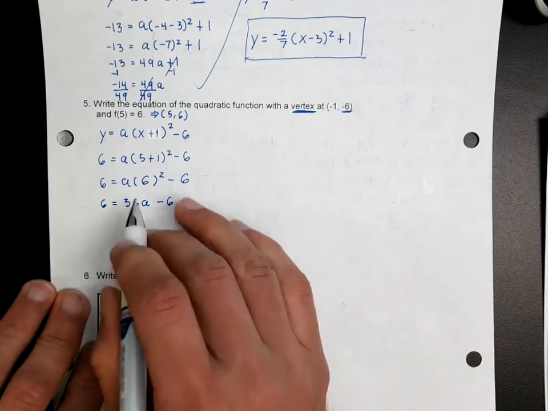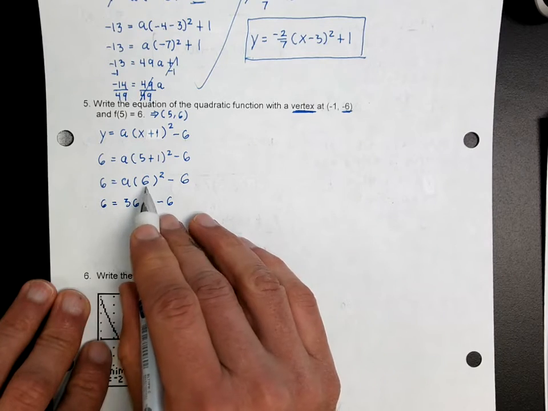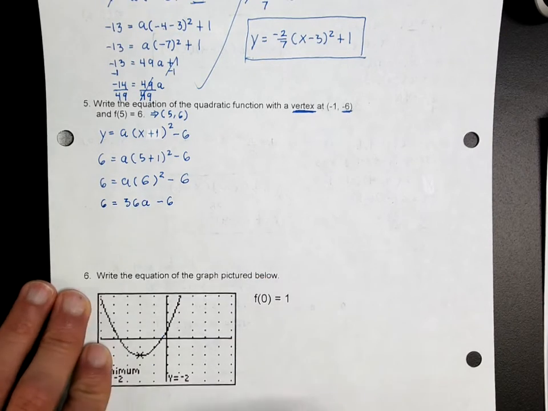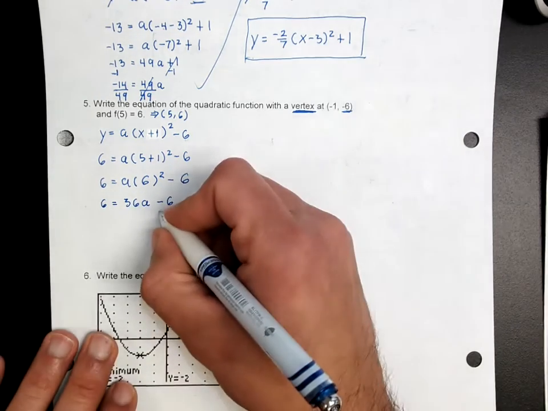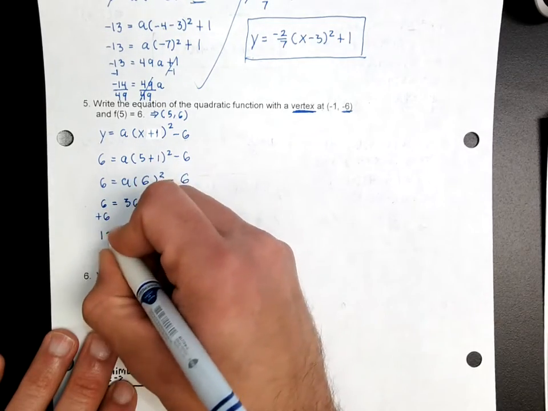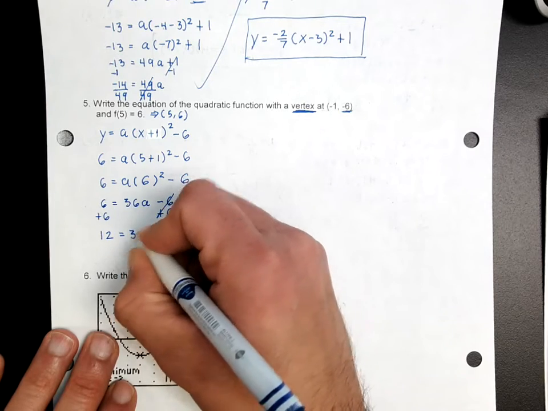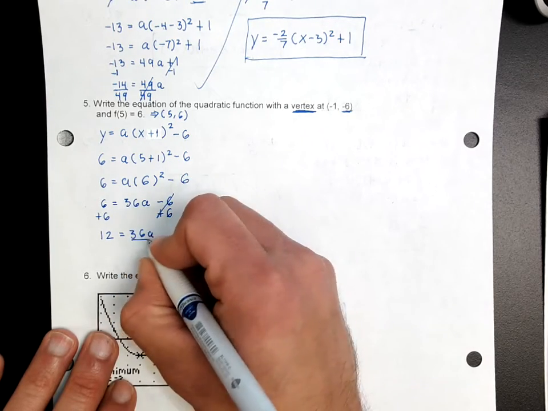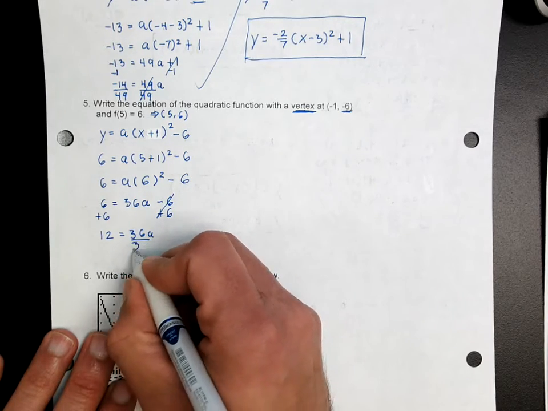Okay, so again, that 36 came from me squaring 6. 6 squared is 36. So we're down to a linear equation again. Add 6. That's 12. It's equal to 36a. Divide this by 36.